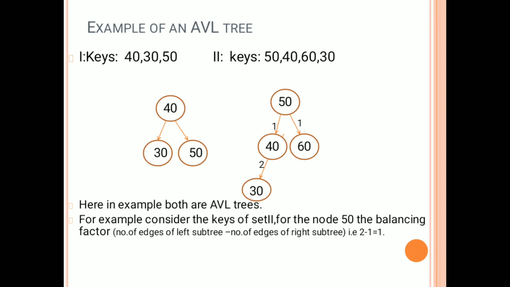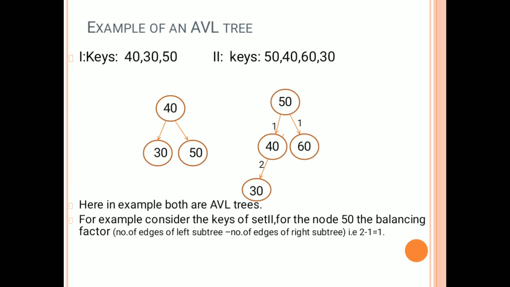Now consider an example of an AVL tree. Consider the set of keys 40, 30 and 50. According to the binary search tree, the keys are inserted in the order of the given set of keys. In order to insert nodes into a tree, first we consider the first element of the keys. The first element is 40, so 40 is inserted first.